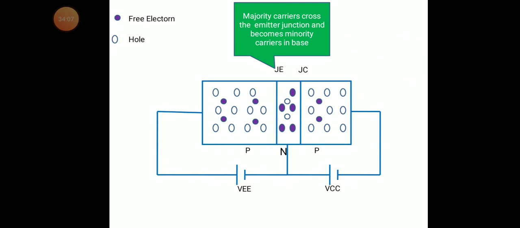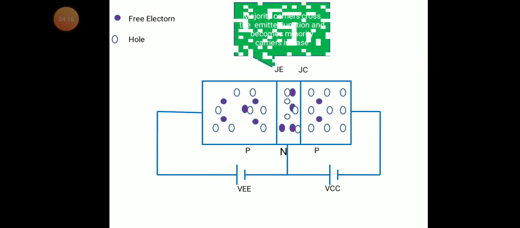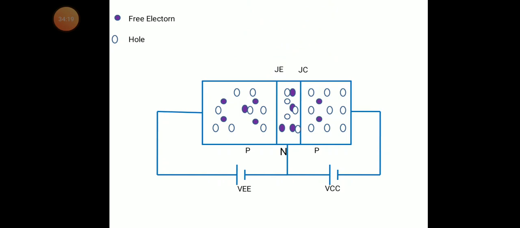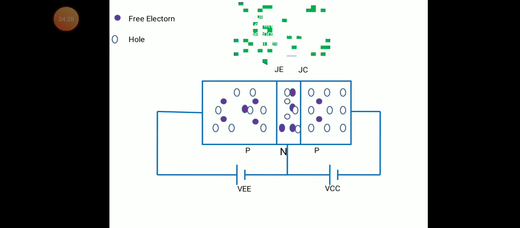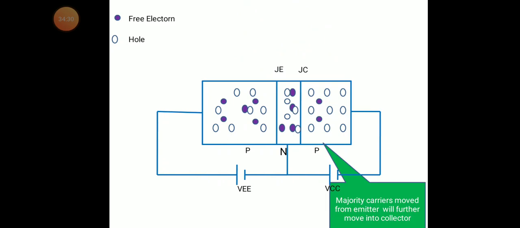Majority carriers cross the emitter junction and become minority carriers. All the majority charge carriers are moving into the base, and again the majority carriers from the emitter further move into the collector, like that they are increasing.